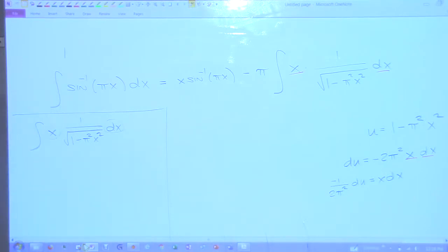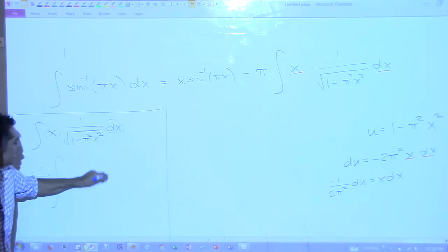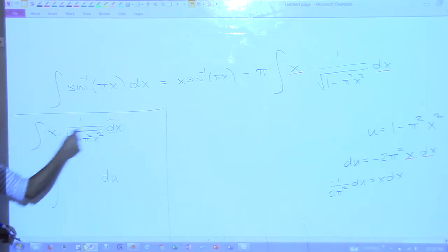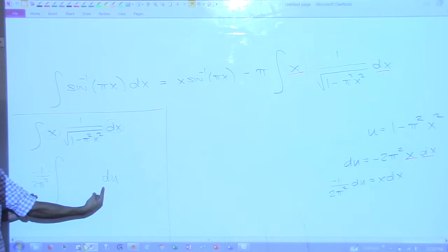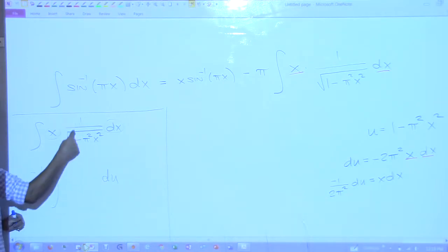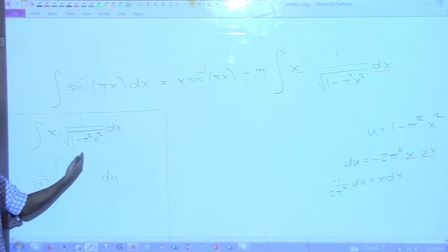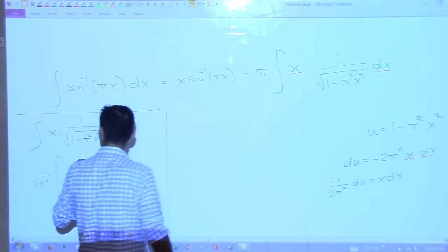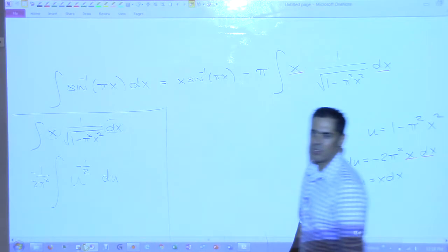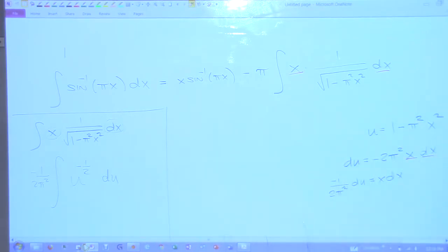Negative 1 over 2 pi squared du, and I can pull all that out. So negative 1 over 2 pi squared, integral du. That's what the x dx became. And then what's still in here? 1 over the square root of u, which is really u to the negative 1/2. I put it as u to the negative 1/2 because I'm going to take the antiderivative.